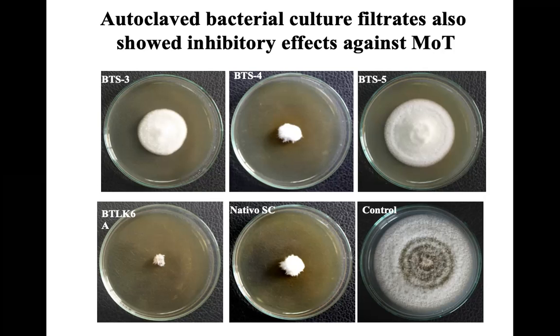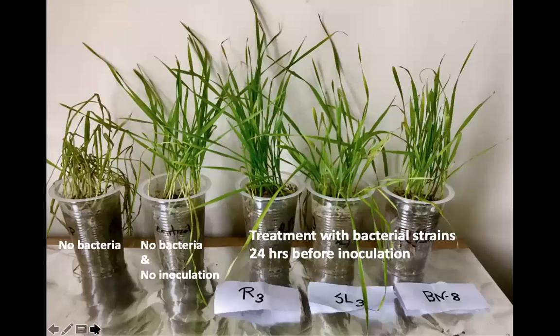This is really a very interesting finding. Heat stable metabolite inhibiting the growth of the fungus. Heat stable compound has benefit for commercialization because they can be preserved at normal temperature, even extreme temperature, and that metabolite is stable and can inhibit the growth. This is a very interesting finding.